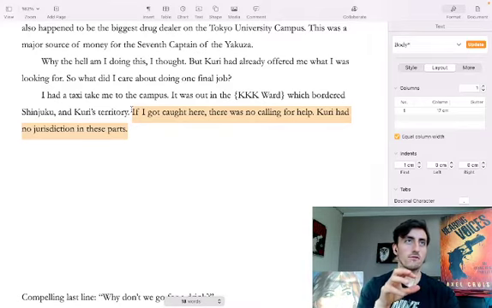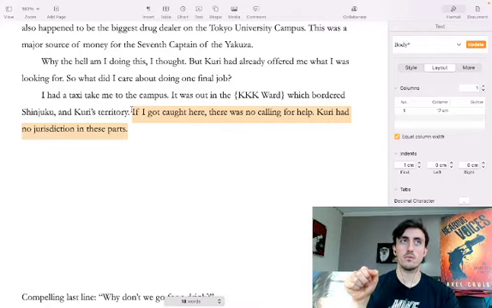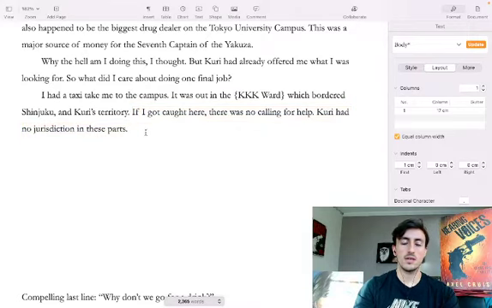He might be working for one of the captains of the Yakuza, but as soon as he goes into another territory as basically a spy, as basically a tanuki, then Kuri Matsumoto is not going to be able to help him, right? This is a dangerous thing that he's doing. We're just emphasizing that fact, and so that's why that kind of a line needs to go in here somewhere.